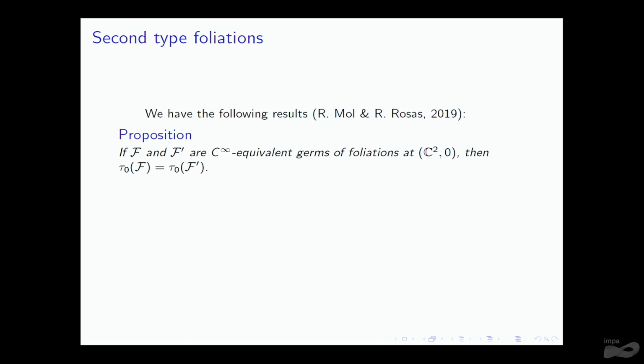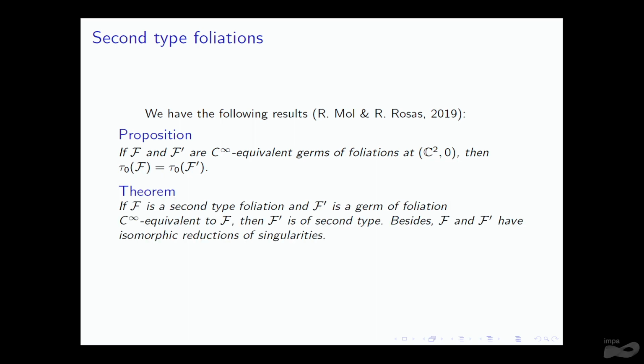Concerning second type foliations, we have the following results, which I proved in collaboration with Rudy Rosas. If I have two C-infinity equivalent germs of foliations, then this number, this tau, this tangency excess index, is the same. So it's C-infinity invariant. And now, if F is a second type foliation and F prime is a germ of foliation C-infinity equivalent to F, then F prime is second type.